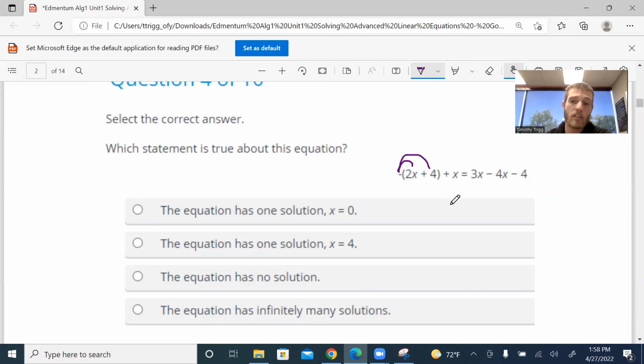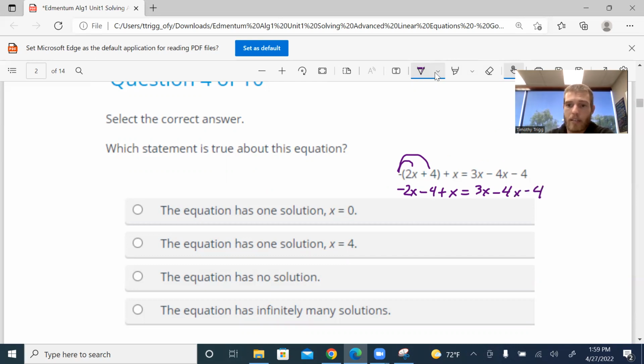Everything in that parentheses is going to change signs. So positives turn to negatives, negatives turn to positives. This negative is going to change this to a negative 2x and then a minus 4. We still have a plus x here on this side. On the other side of the equation, we have 3x minus 4x minus 4.